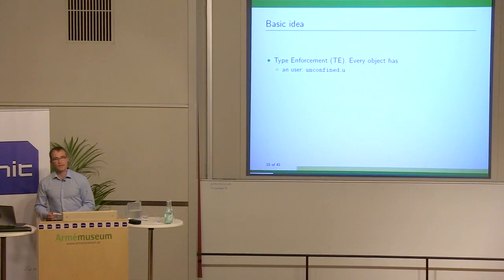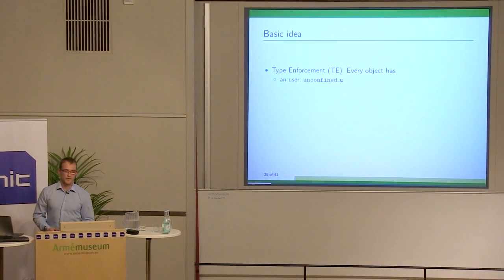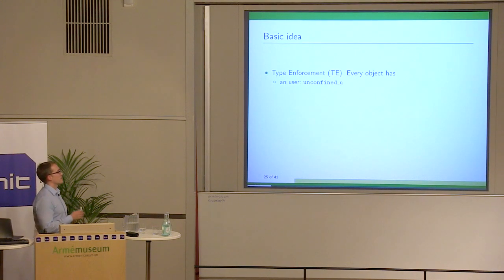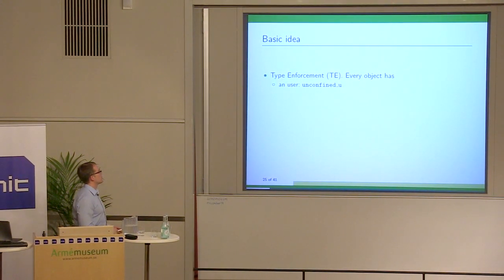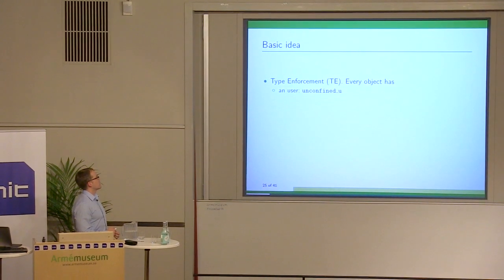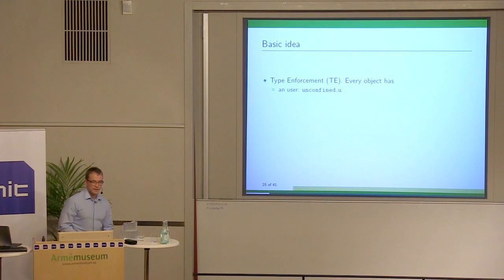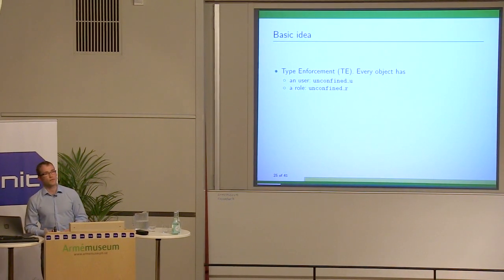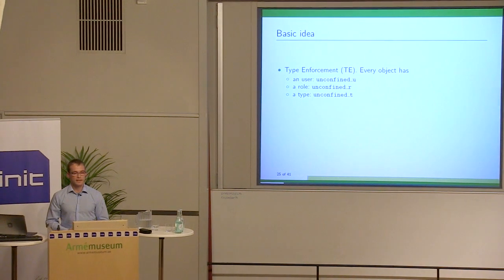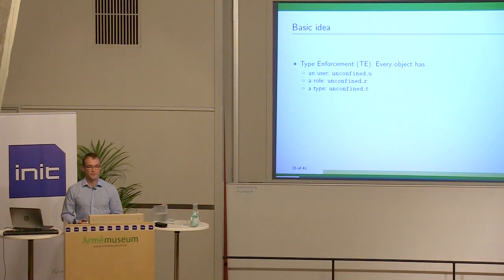The basic idea with SE Linux is type enforcement. So every object in an SE Linux system, or pretty much every object, has a user. In this case, I chose unconfined_u as an example, has a role, in this case unconfined_r, and a type, unconfined_t.